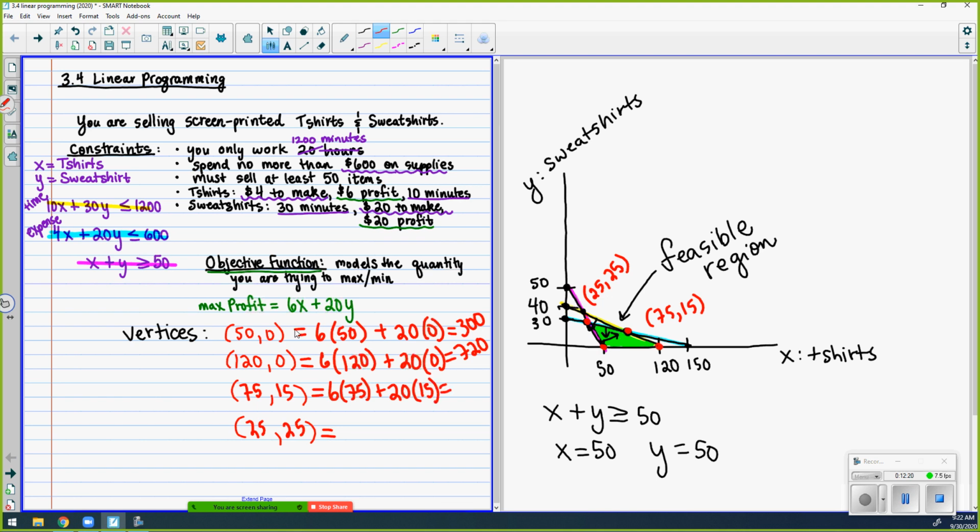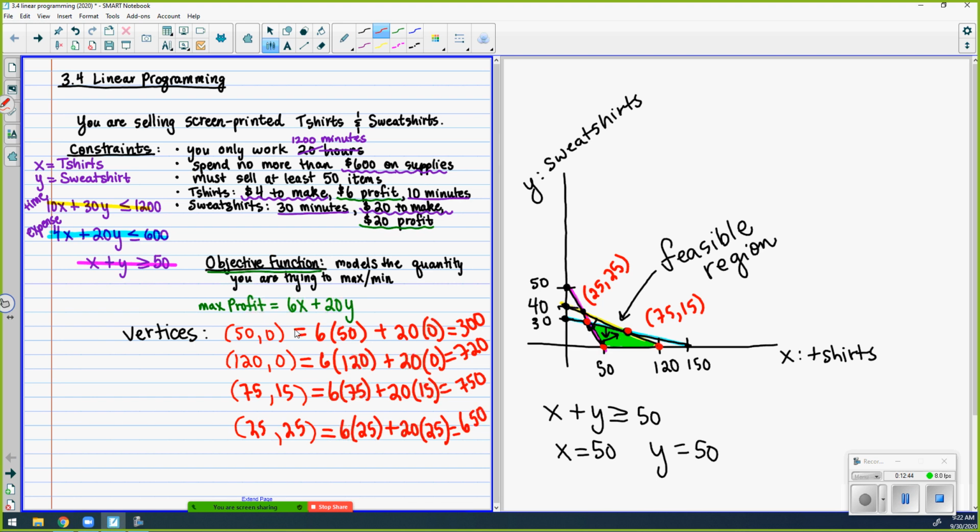I'm going to use my calculator to calculate that. 6 times 75 plus 20 times 15 gives me 750. And then finally, 6 times 25 plus 20 times 25 equals 650.